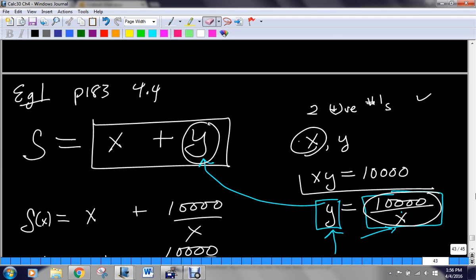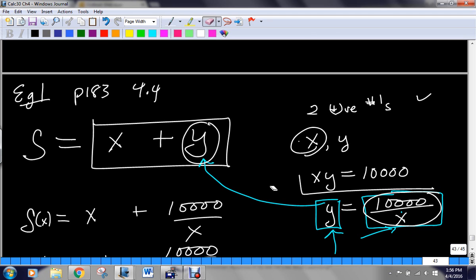Two different things you can do. You can think through logically. 10,000 times 1 is a product. Those are two positive numbers. What's that sum? That sum is 10,001. 5,000 times 2, what's that sum? That's 5,002. 100 times 100, what's that sum? 200. So we're talking about 10,000, 5,000, and 200.